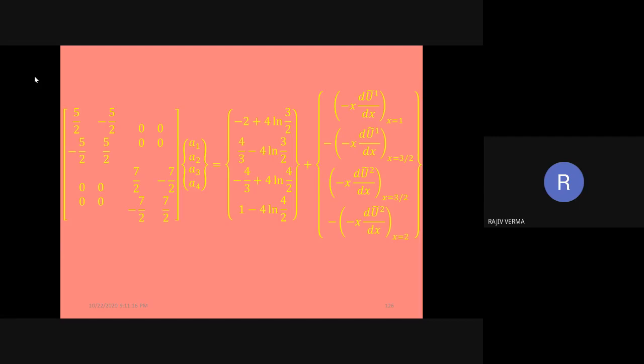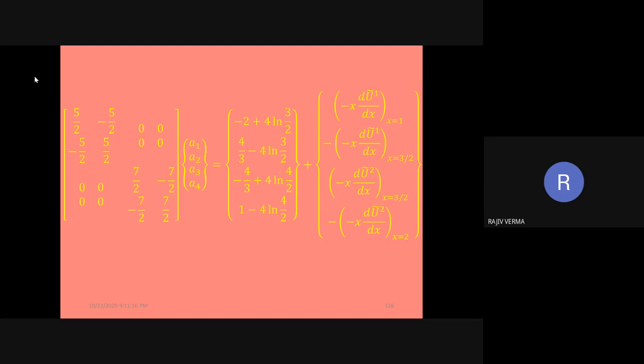So kindly note, the flux has been evaluated at x is equal to 1 and x is equal to 3 by 2 for element number 1, and it has been evaluated at x is equal to 3 by 2 and x is equal to 2 for element number 2, which means that the flux is evaluated at x is equal to 3 by 2 for element number 1 also, and it has also been evaluated at the same location for element number 2 also.